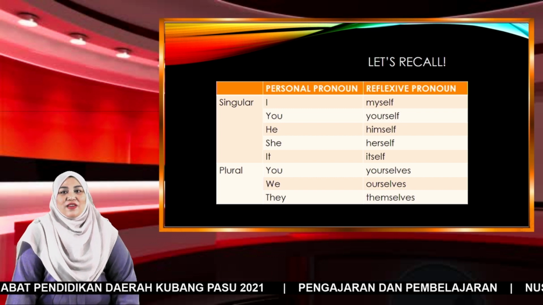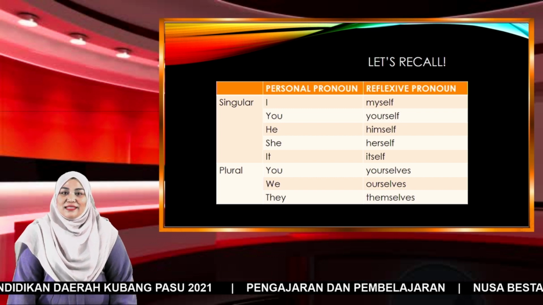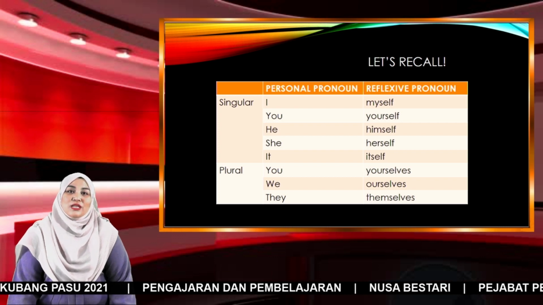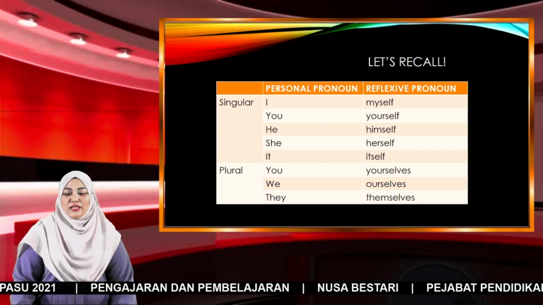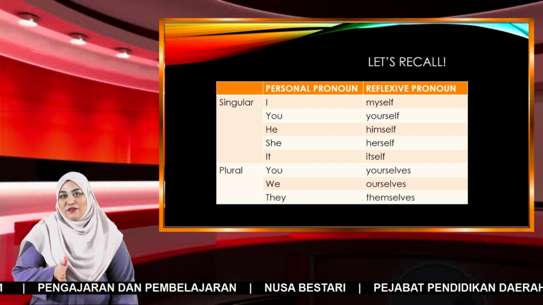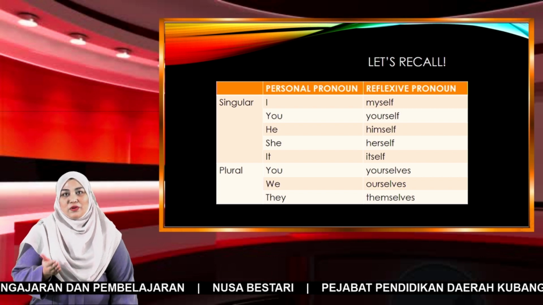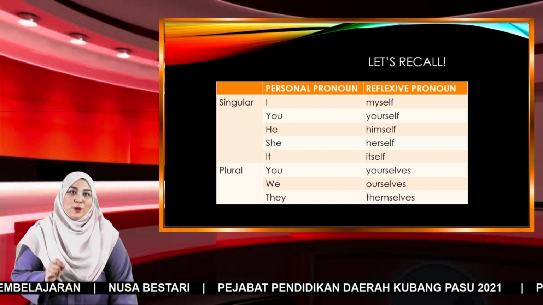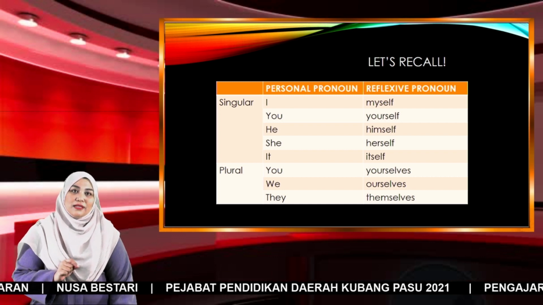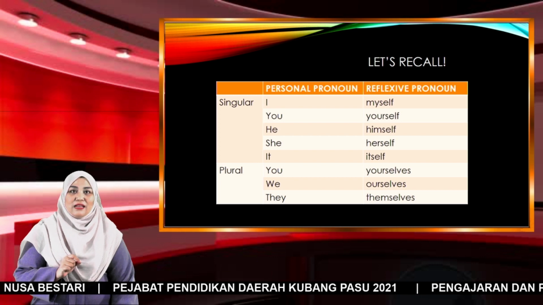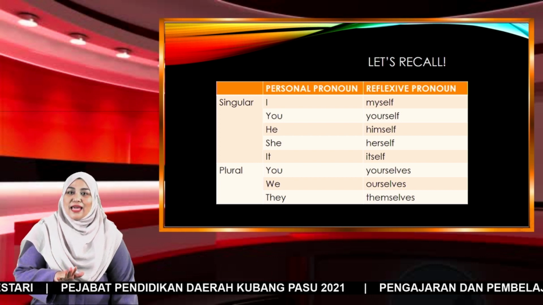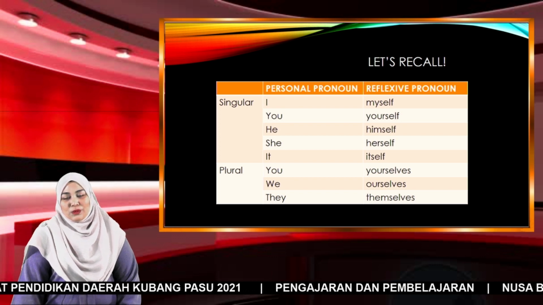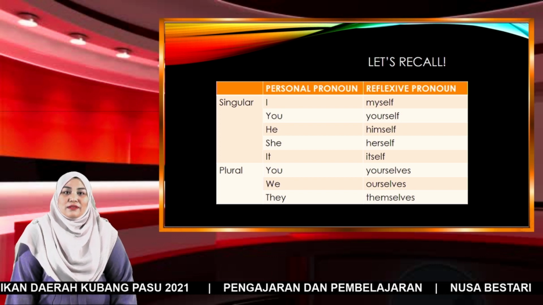Okay, so let's recall our lesson for today. This table is very important for you to identify which reflexive pronouns match the personal pronouns. So I hope you can remember this table. Okay, let's take a look again at the reflexive pronouns. I matches with myself. You, yourself.